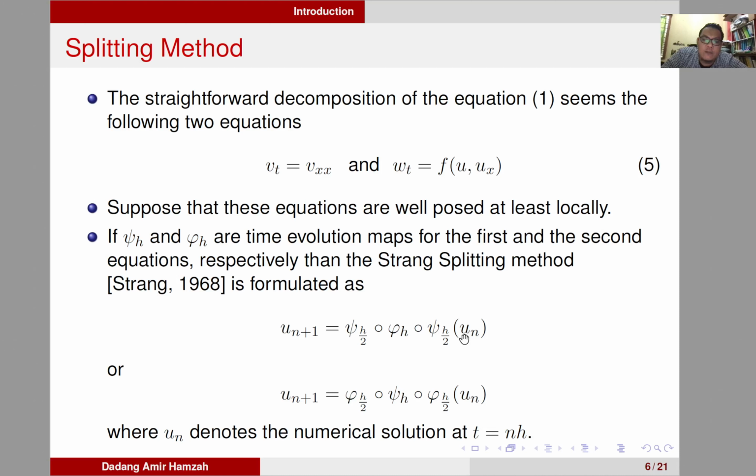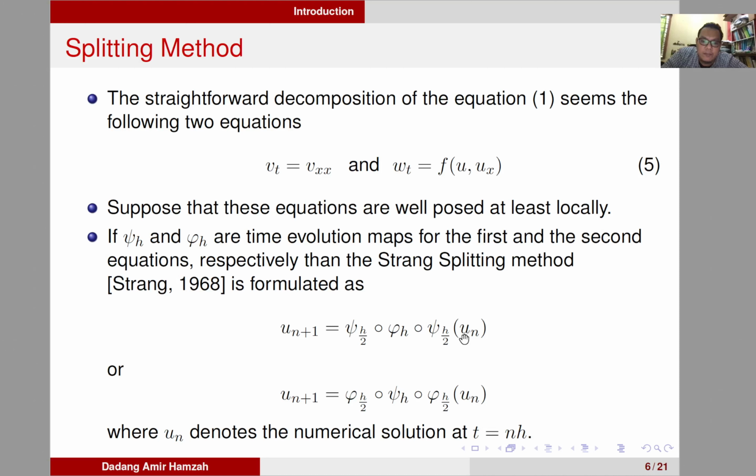The straightforward decomposition of equation 1 seems to be the following two equations, that is Vt equal the diffusion term and Wt equal the reaction term. Suppose that these equations are well posed, at least locally. If phi_h and psi_h are time evolution maps for the first and the second equation respectively, then the Strang splitting method is formulated as follows.